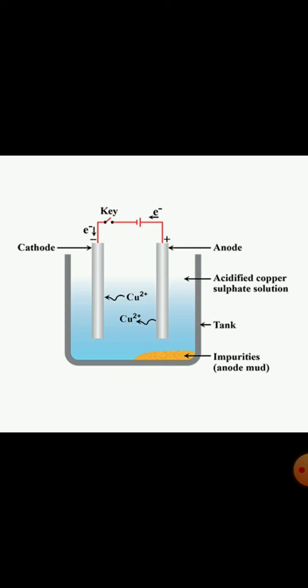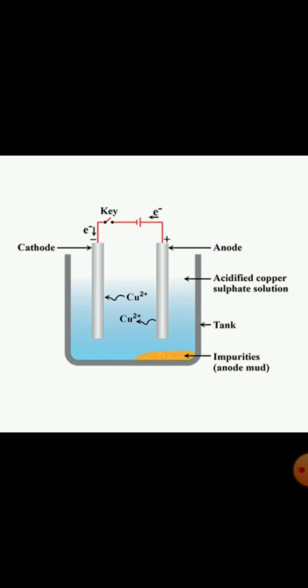So now the pure metal which is there in the electrolyte will be deposited on the cathode. The soluble impurities go into the solution. Now we have already taken the anode as impure metal, that means there will be impurities.